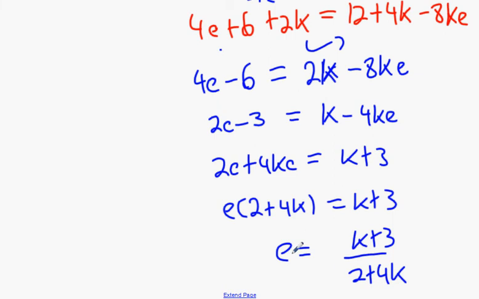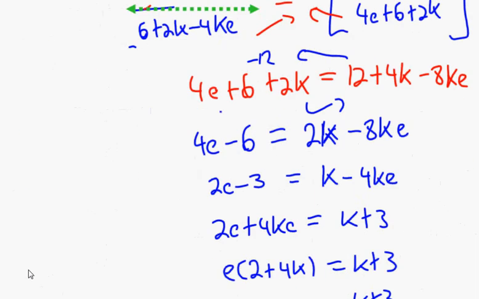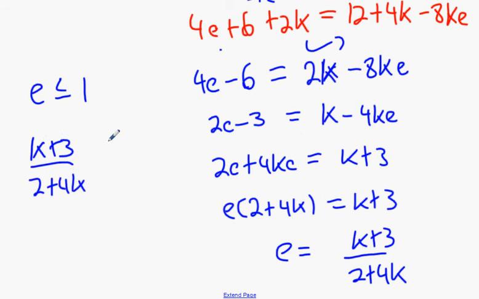Thank God, that was a bit of a battle, okay? Now, prove that k is bigger than or equal to a third. What's the rule for e? e always has to be smaller than 1. So k plus 3 over 2 plus 4k is less than or equal to 1. k plus 3 is smaller or equal to 2 plus 4k.